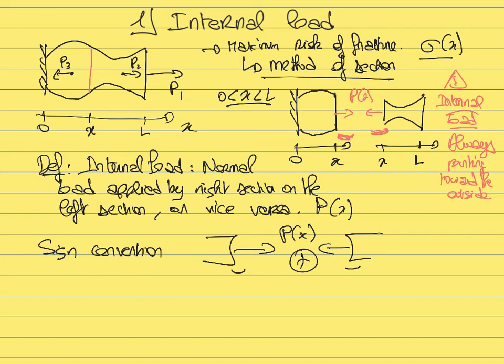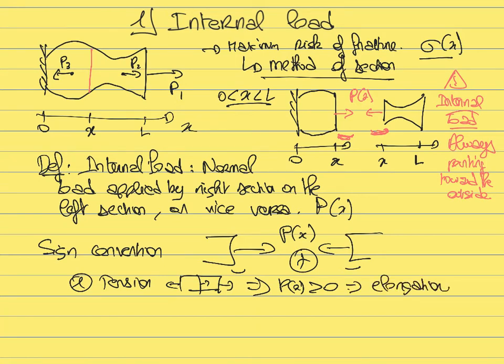What this means is that in a case of tension, where the material is subjected to a tensile force, you will have a positive internal load. If you cut the system like this, that will necessarily result in a positive internal load, and this positive internal load will induce an elongation of the material.